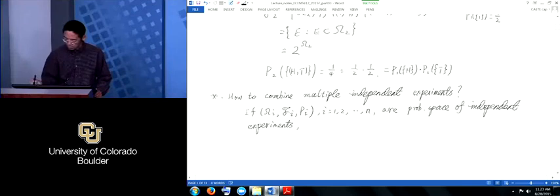What do I mean by independent experiments? The outcome of one experiment won't affect the outcome of the other. So for example, the next experiment doesn't depend on the previous or future or any other experiment's outcome.